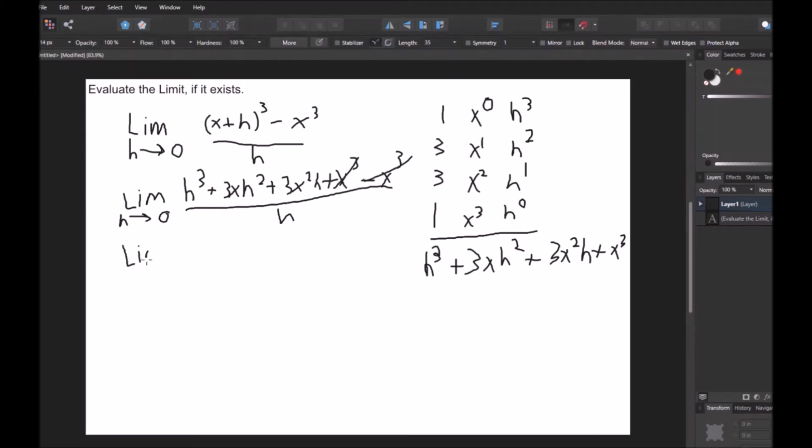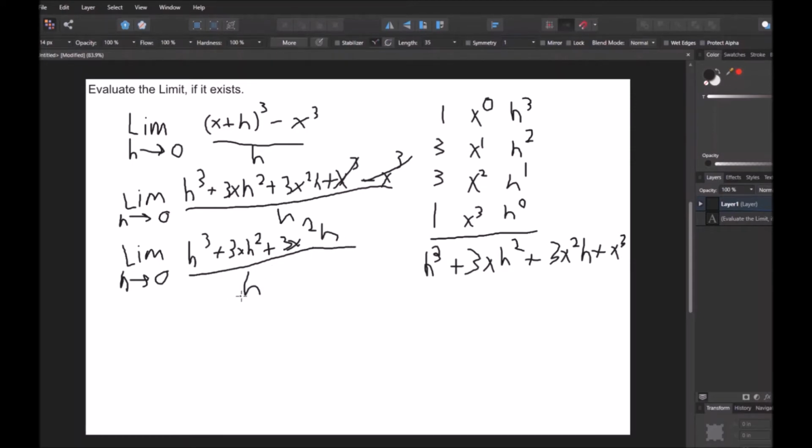So we're going to be left with the limit as h approaches 0 of h cubed plus 3xh squared plus 3x squared h, all over h. There should be an h right here.